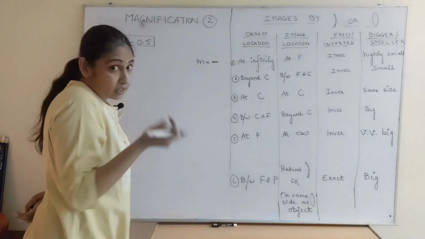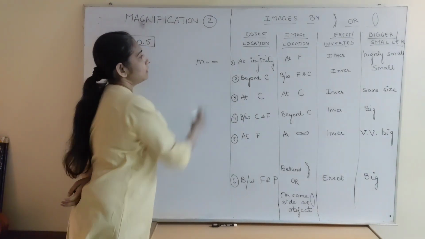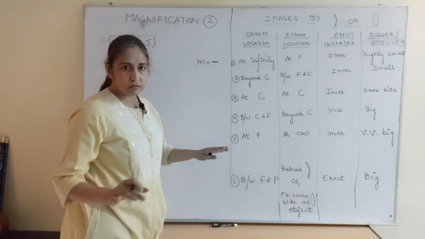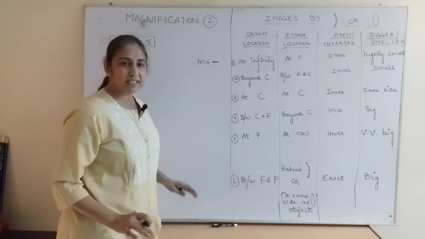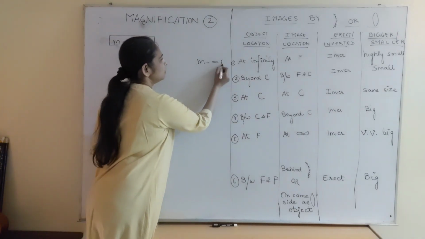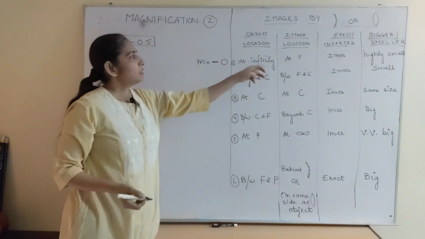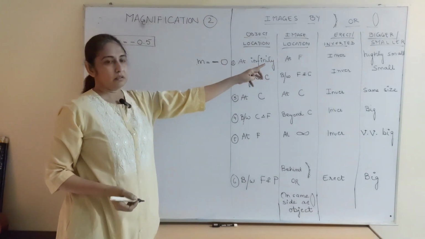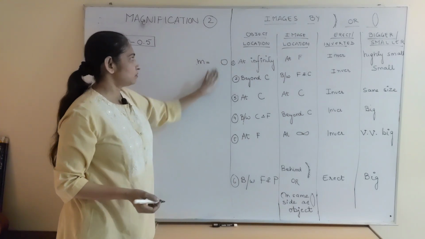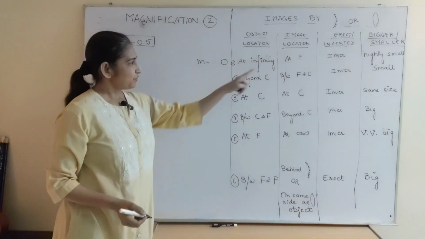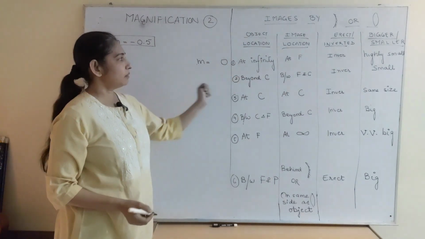The image is inverted, last time we did, it will be minus. And highly small, 0, very highly diminished. So minus 0. We say it minus because it is inverted. We may just omit the sign also, but if we write minus 0, that's also okay. So from the table itself, we come to know.